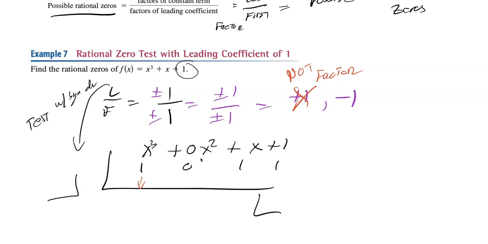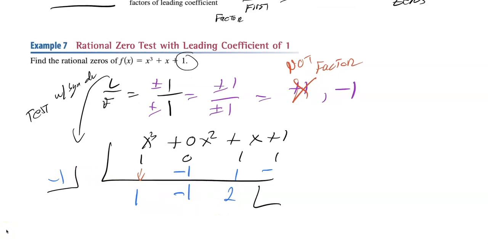Right, because all we care about is getting a 0. So that's a negative 1 now. Always bring the first one down. Multiply across, that's 0. Add down is 0. Multiply across, that's negative 1. Add down is negative 1. Multiply across, I get 1. So I get 2. Multiply across, I get negative 2.